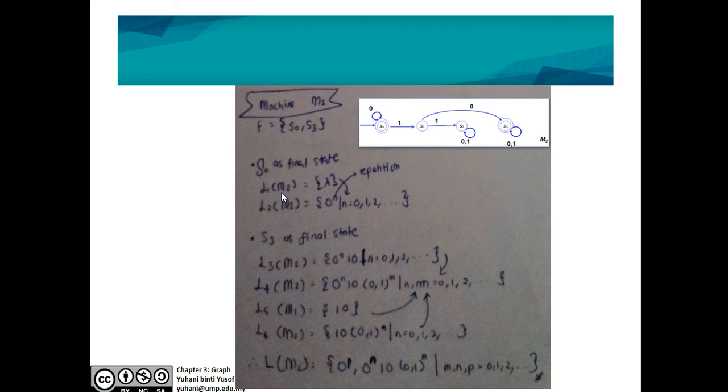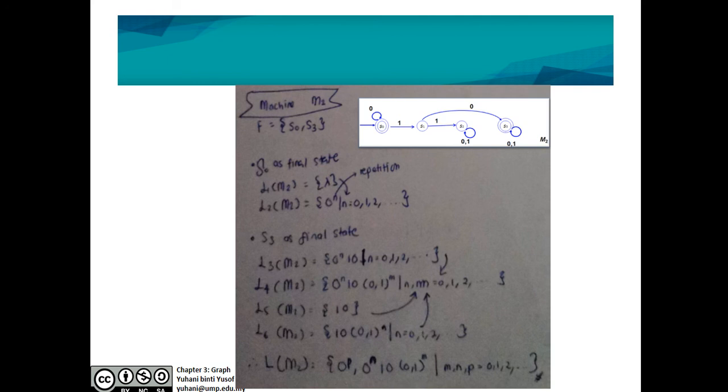We don't want the redundant ones, so we just consider L2. And in this case, you can see clearly that L3, L5 and L6 are all in L4. Why do I say that? If m is 0, it will give L3. If n and m are 0, it will give L5. And if n is 0, it will give L6. So L3, L5 and L6 are in L4.